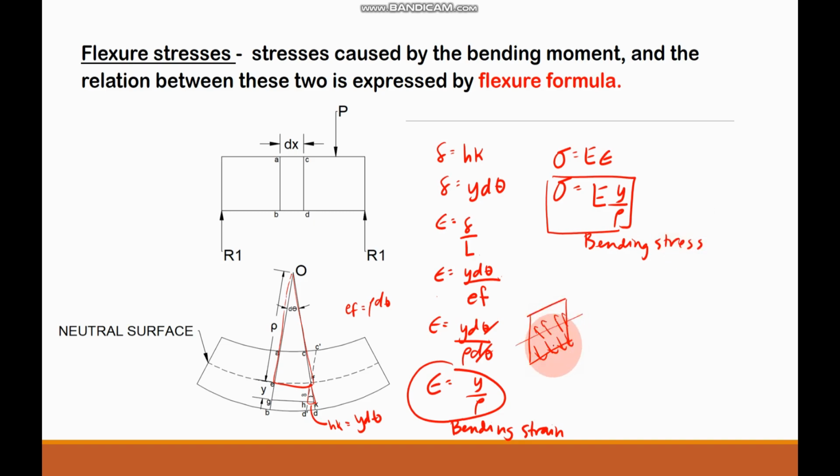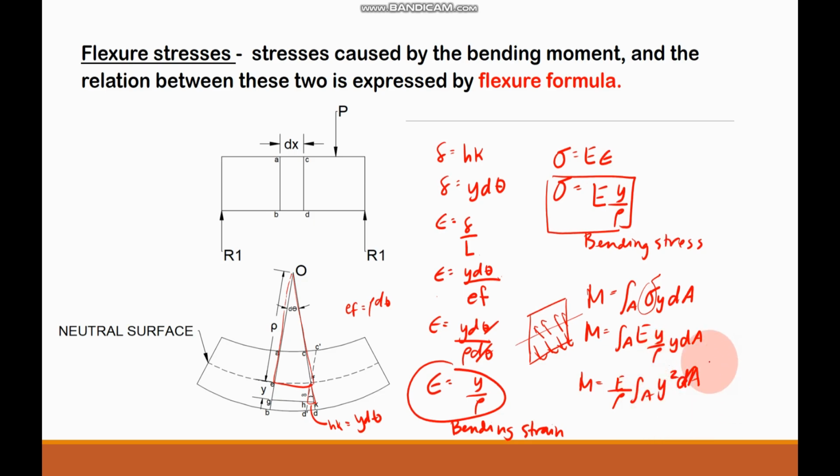So the resultant of these forces must be equal to the bending moment. So we can calculate the moment by integration like this one. If we substitute the stress here by the bending stress, we can take out the modulus of elasticity and the ρ, since they are just constants. We will have y squared.